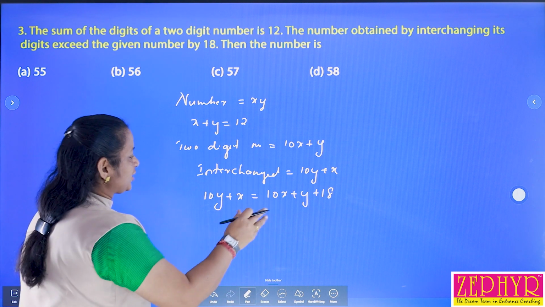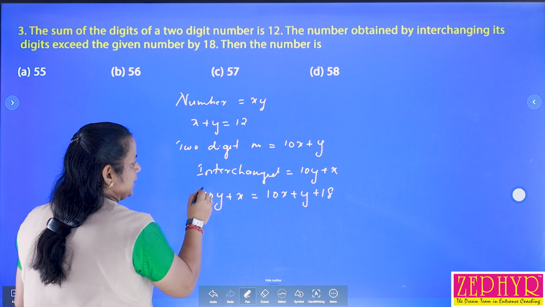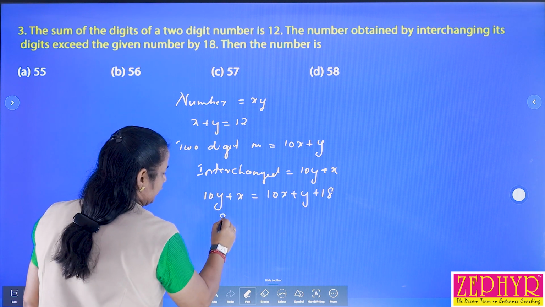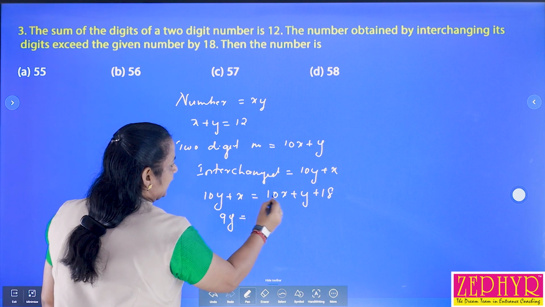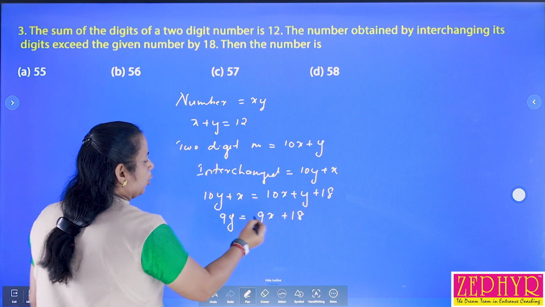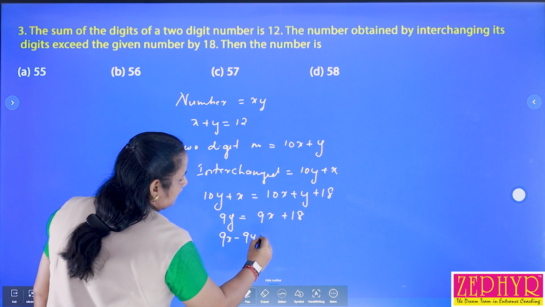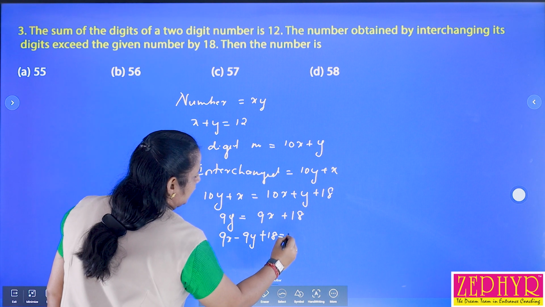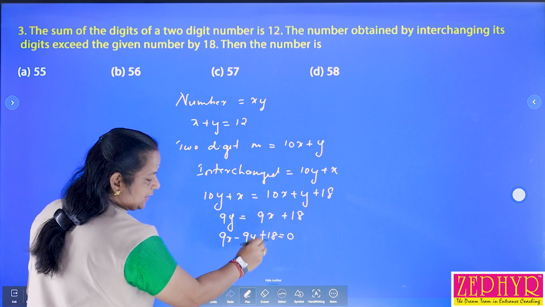Okay, rearranging the terms here, take this y to this side, 10y minus y. So it is 9y equal to 10x minus x, plus 18. Taking the 9y to the right side, it becomes minus 9y.